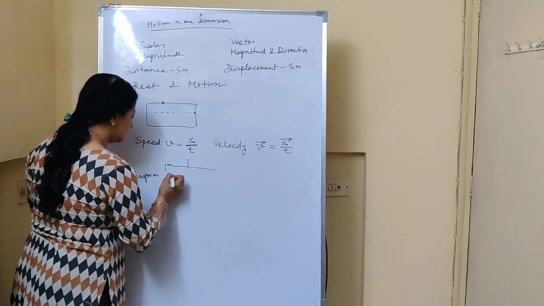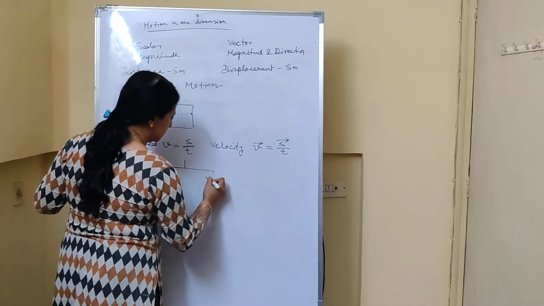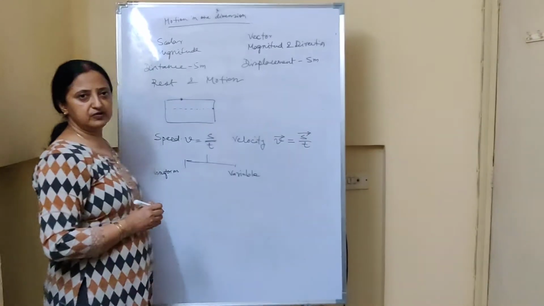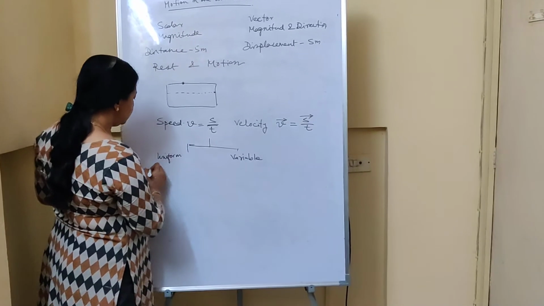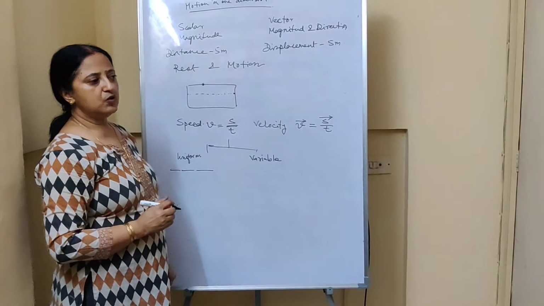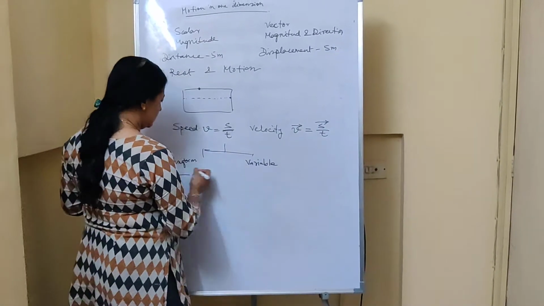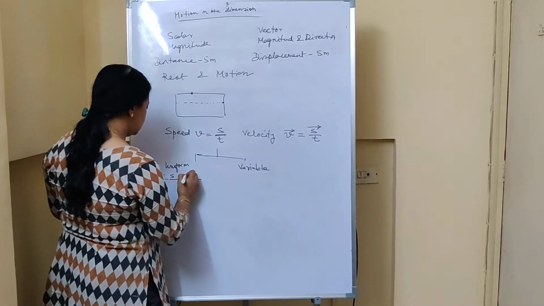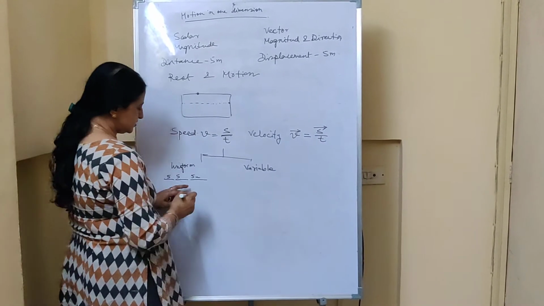Uniform speed and variable speed, as well as uniform velocity and variable velocity. Uniform speed means if it is covering equal distances in equal intervals of time, then we call it uniform speed. Like here 5 meter, next 5 meter in second second, next 5 meter in third second.